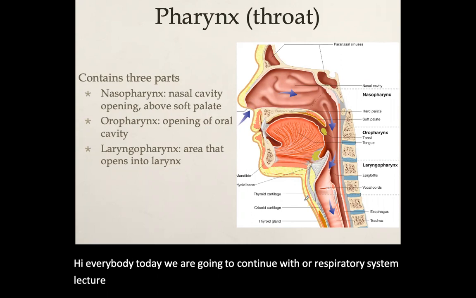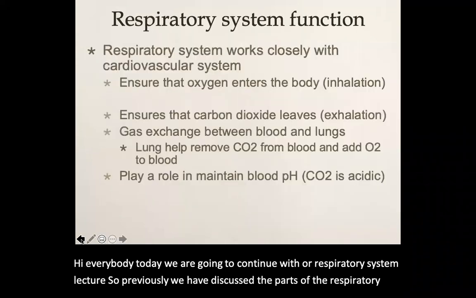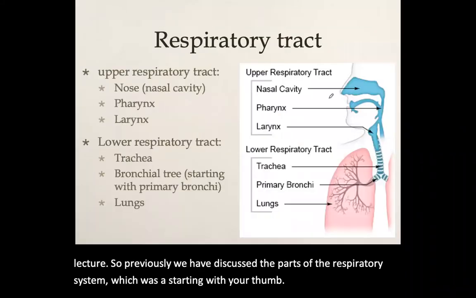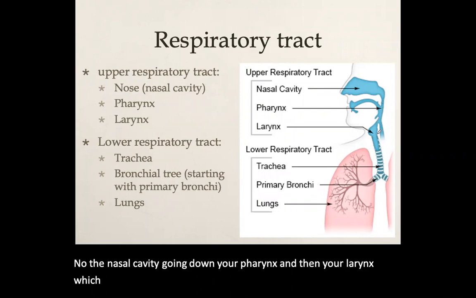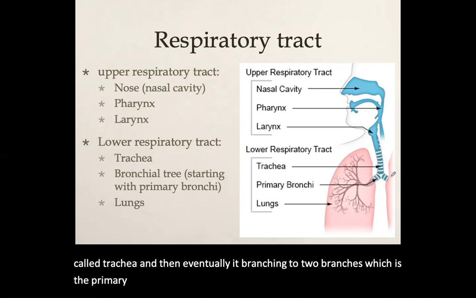So previously we have discussed the parts of the respiratory system, starting with your nose and nasal cavity, going down your pharynx and then your larynx, which is your vocal cords, going down the tube into your thoracic cavity called trachea, and then eventually branching into two branches, which are the primary bronchi going into each lung.